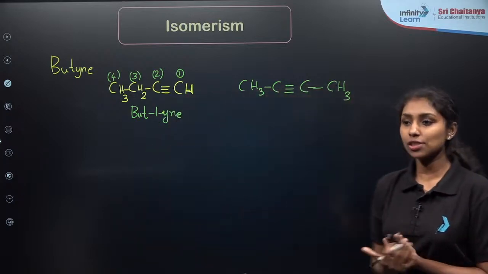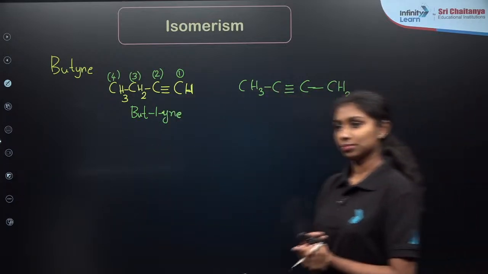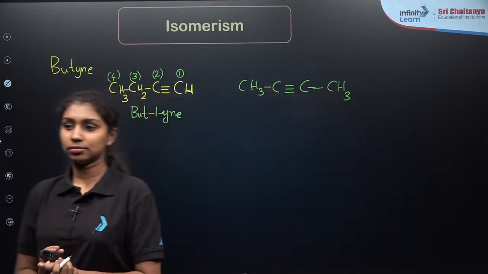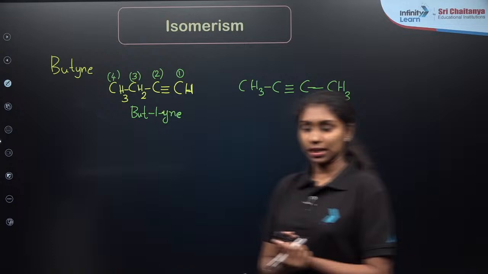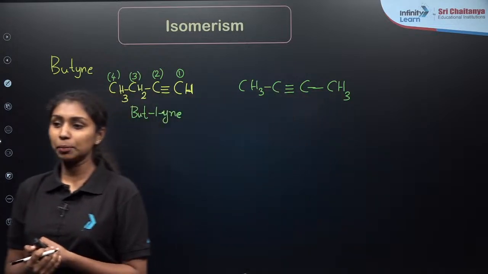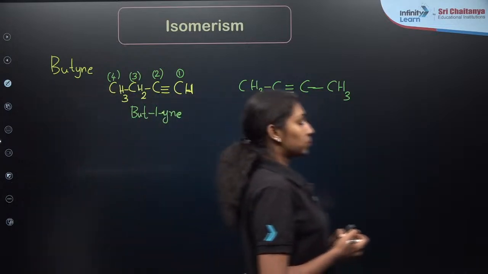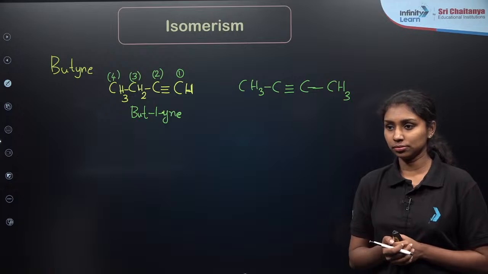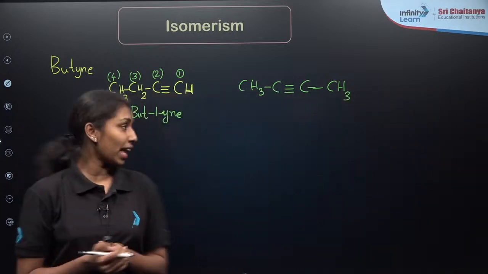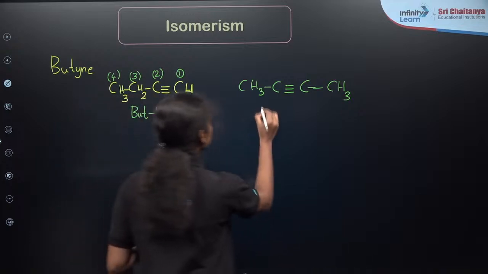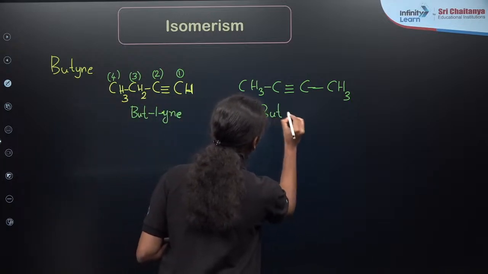What is the name for this compound? Yes, both are correct. You can write it as but-1-yne or 1-butyne. Both are correct. You need to mention the number for the triple bond. Yes, but-2-yne or 2-butyne, right? So this is the name for this particular compound.